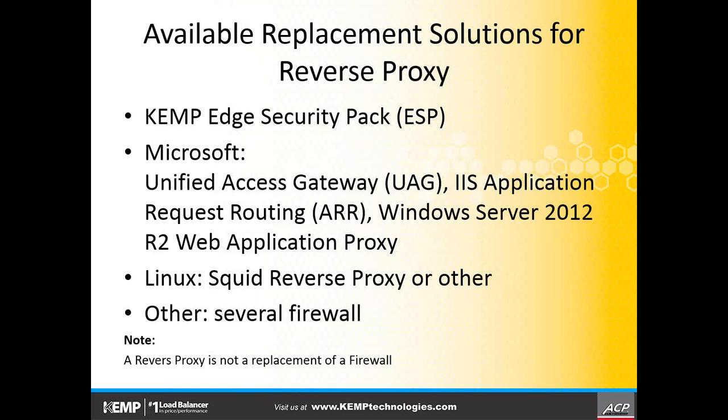The only difference is that we cannot configure it directly. We have to use the interface provided by the UAG server. So it's not that easy. You have to learn a little bit about the UAG, but then it's still possible.